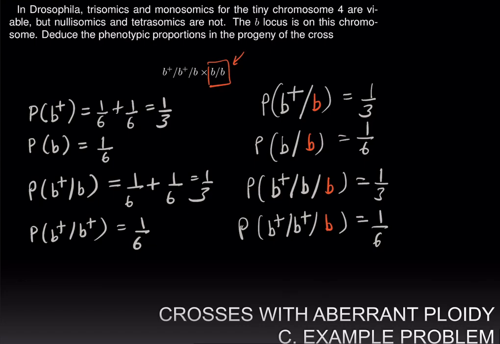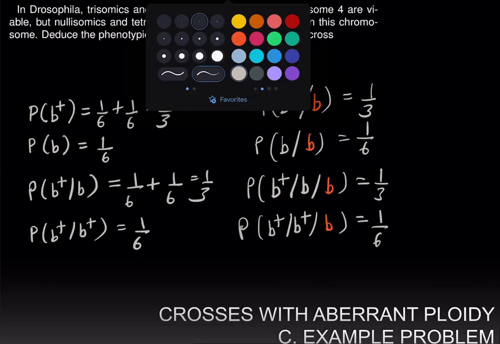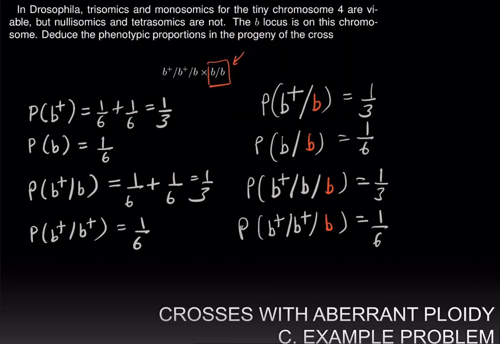We need to determine the phenotypic proportions, so we should assign phenotypes to them, and the only one which will be mutant is the second one.